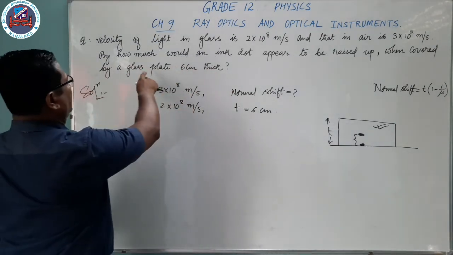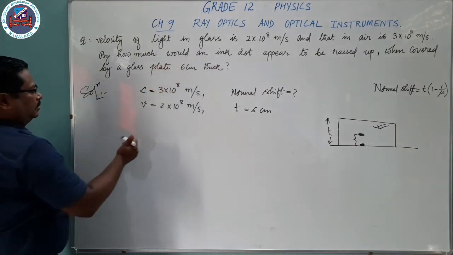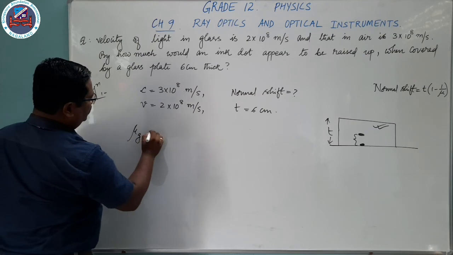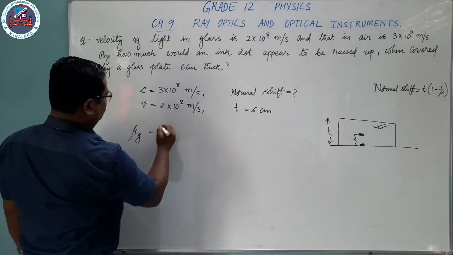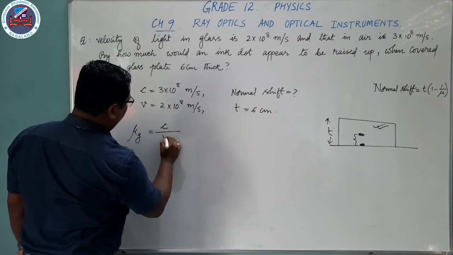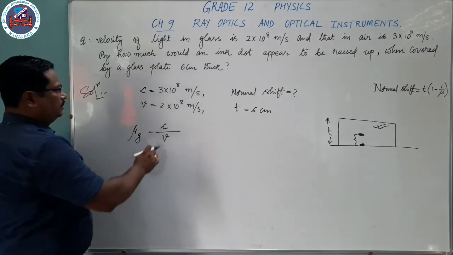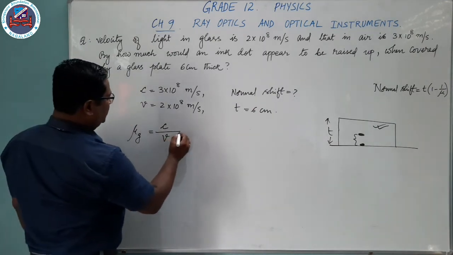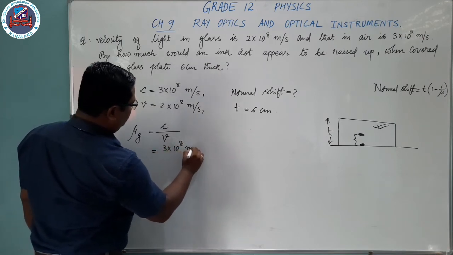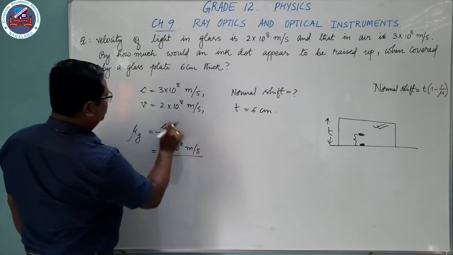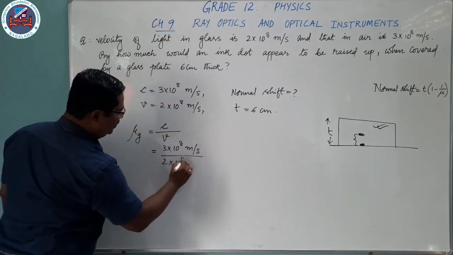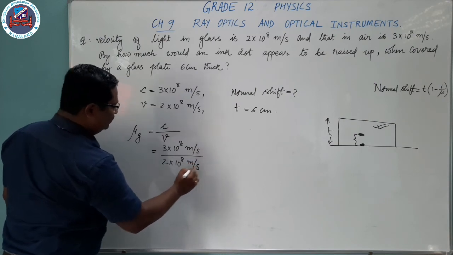Refractive index of glass is speed of light in air or vacuum divided by speed of light in glass. So C here is 3 into 10 to the power 8 meter per second, and the speed of light in glass is 2 into 10 to the power 8 meter per second.